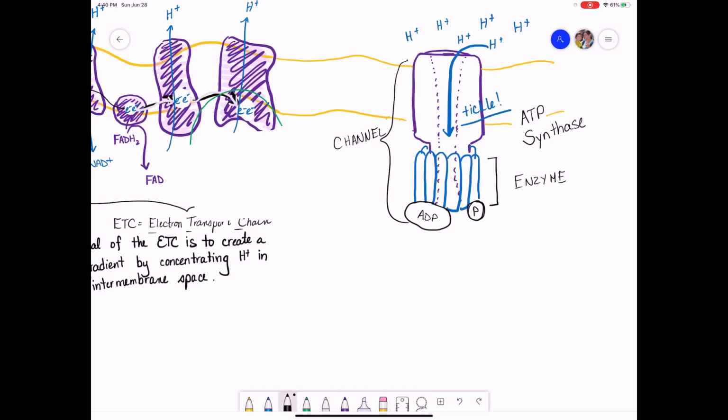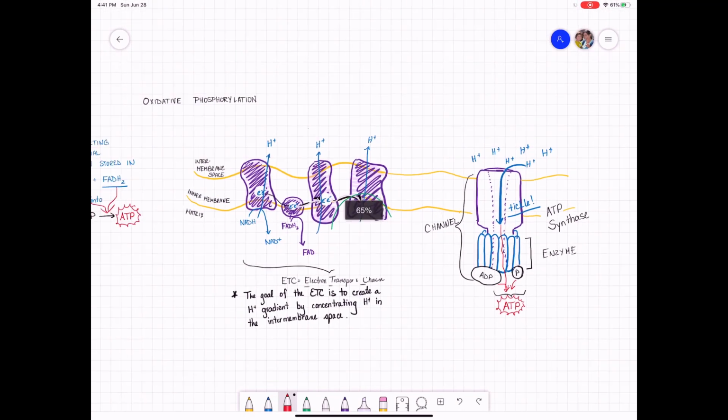It takes 2 negatively charged things that don't want to be together, and it forcefully contorts them so that they do come together, and then that links them together and creates ATP. So the hydrogen ions coming down the channel protein cause some pretty serious contortions in the enzyme that allow it to bring ADP and the phosphate group together and create that magical currency known as ATP. So it's really an ingenious design.